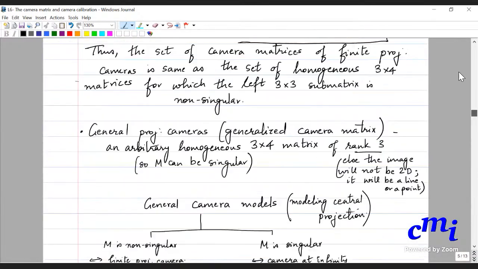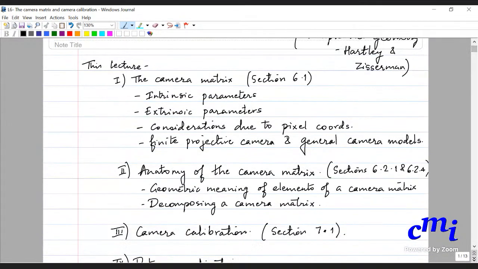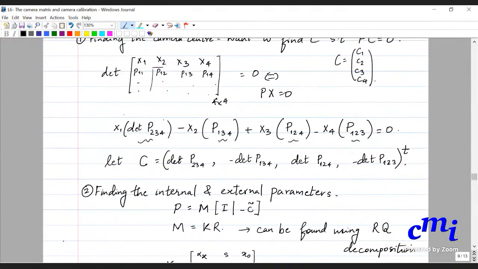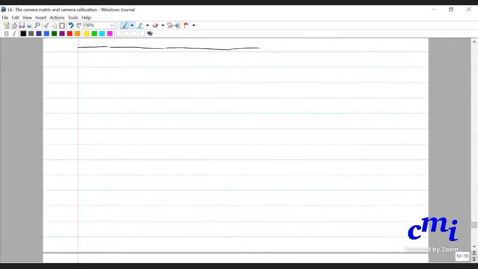I want to talk about removing radial distortion. I'll do that next time. So where are we going now? Let me just outline the next topic. We want to talk about removing radial distortion, and once we have talked about this, that will sort of end our discussion on image formation with a single camera.